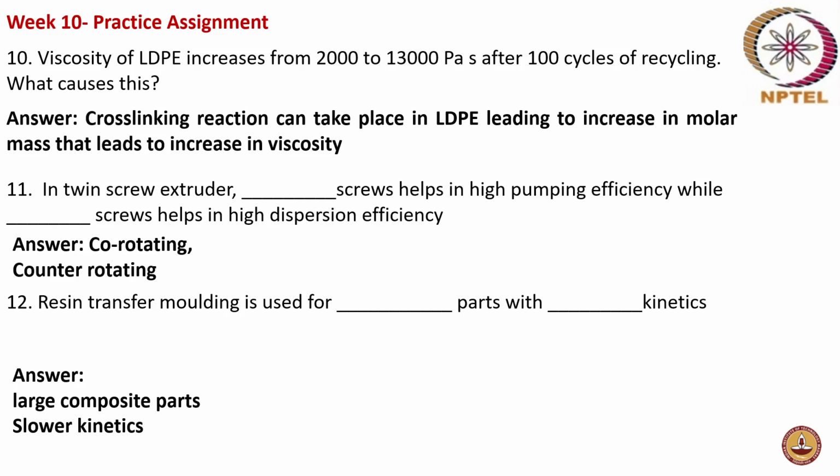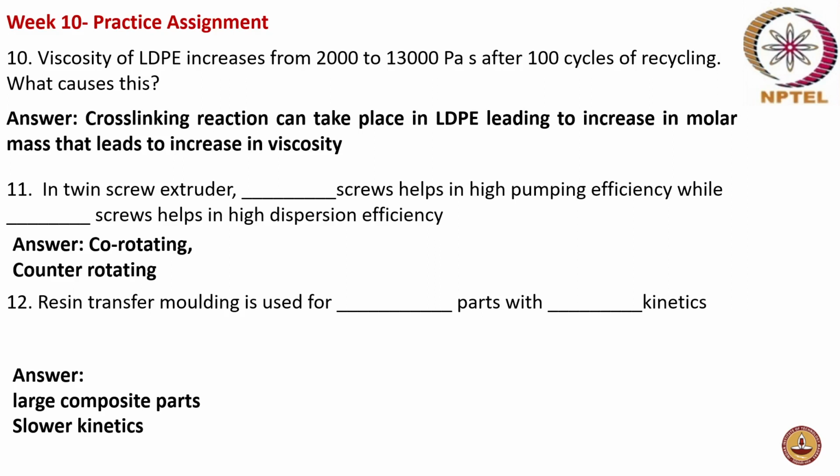So the entire polymer has to flow through the entire mold, and then it has to take the shape of the mold. If it is going to cross link at very fast kinetics, then when you just start transferring it to the mold, the cross linking action takes place and the material gets cured. So you will not end up with large parts, but you will end up with small portions, or non-uniform properties.